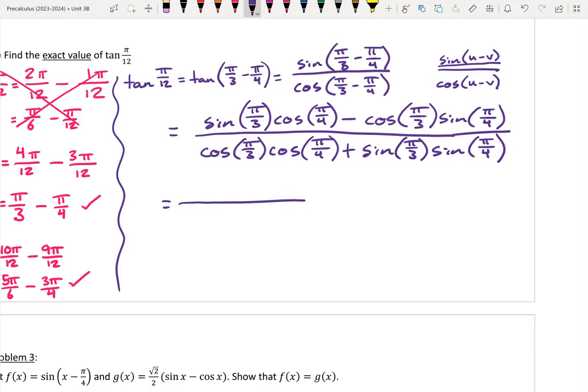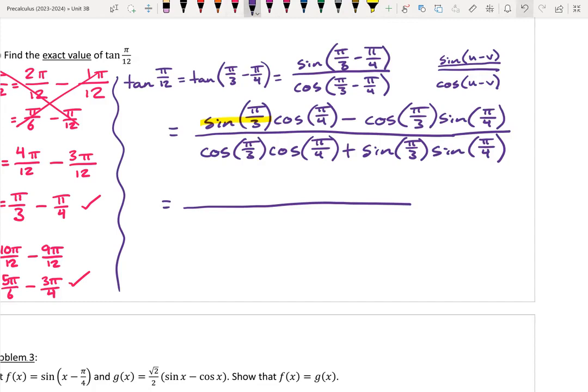All right, let's go ahead and get our values and combine things up. Let's pull them from our unit circle. Starting with the first one, sine of pi over 3. Mandy, what is sine of pi over 3? Root 3 over 2. Okay.